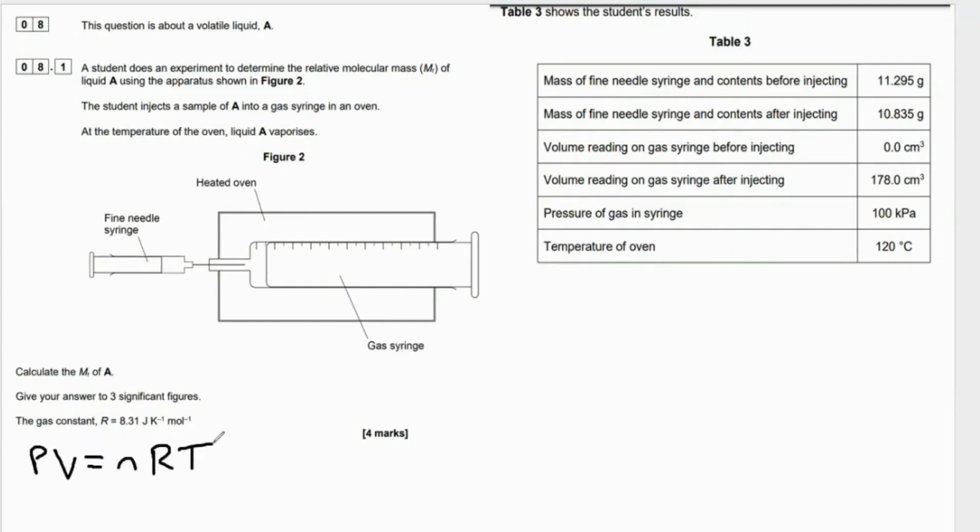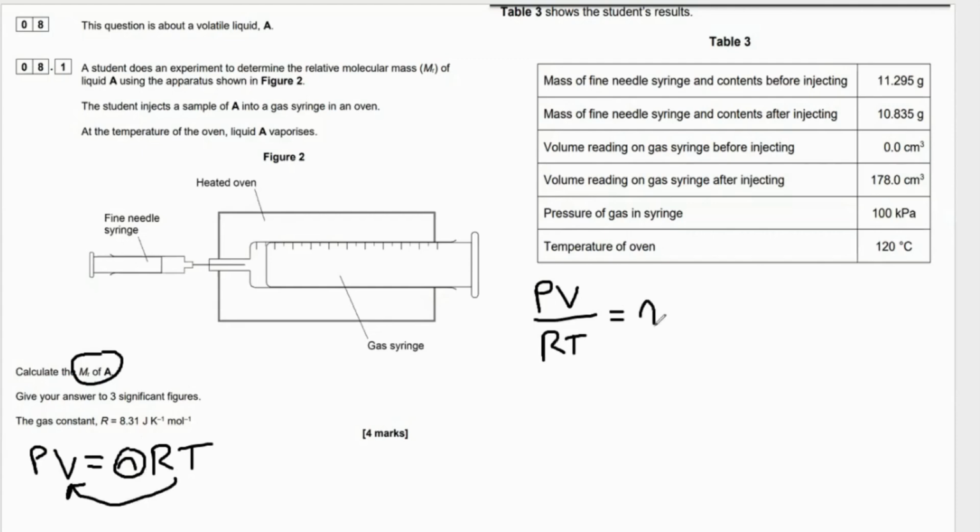Now, they want us to calculate Mr. That is the focus. In order to calculate the Mr, I need to find moles. So I need to rearrange this equation to make moles the subject. So we're looking at PV over RT. You're going to divide PV by RT, and that's going to leave you with moles on its own.